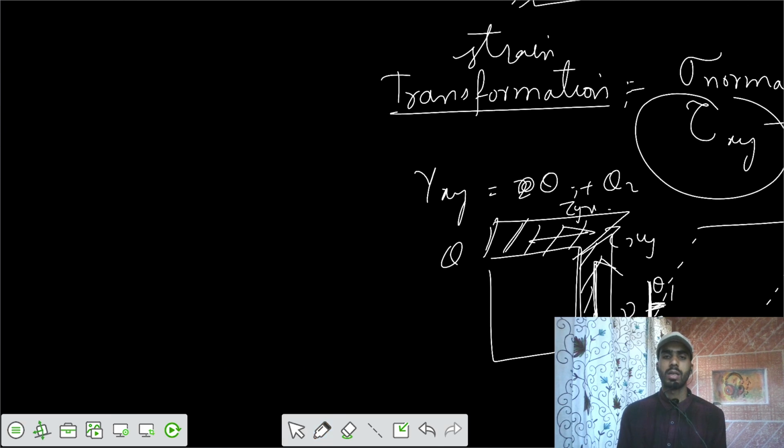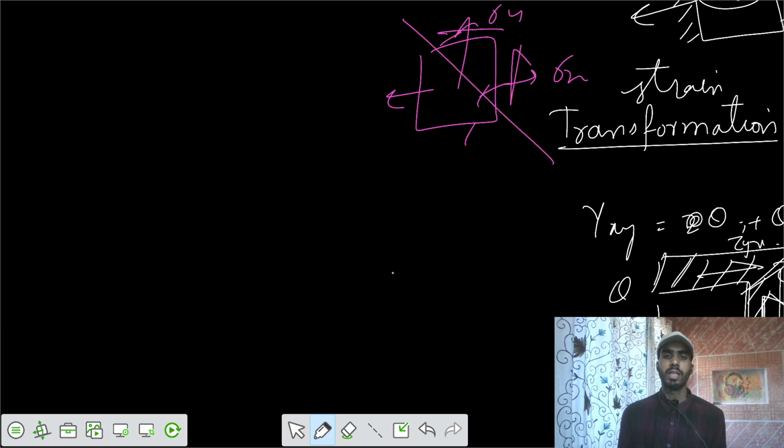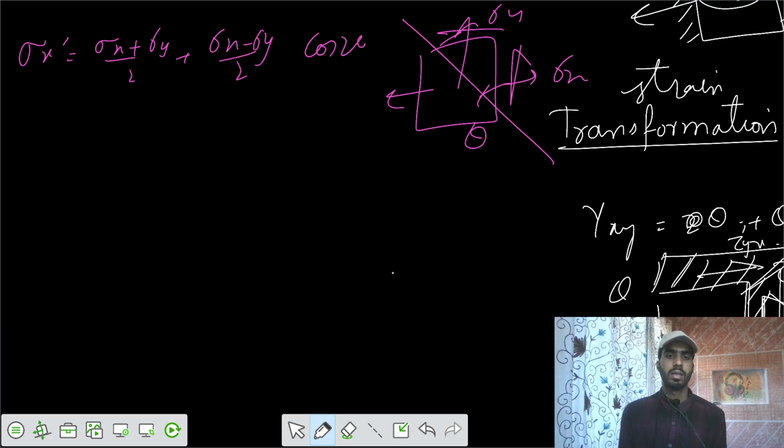So for the equations we have from the analytical method, we have sigma x, sigma y, and tau xy. Then we said at an angle of theta, sigma x dash equals sigma x plus sigma y by 2 plus sigma x minus sigma y by 2 cos 2 theta plus tau xy sine 2 theta.